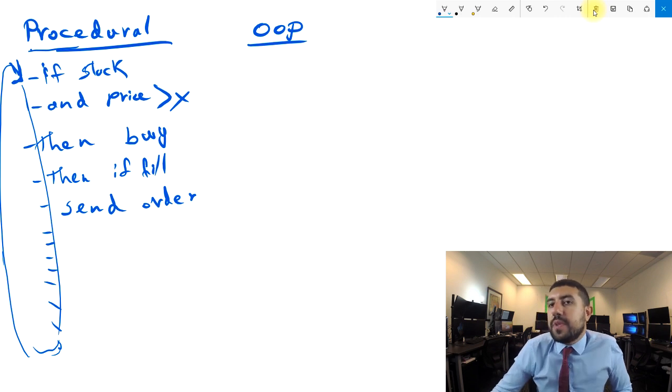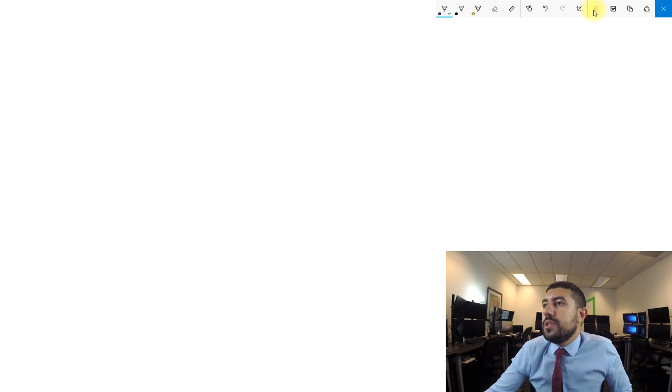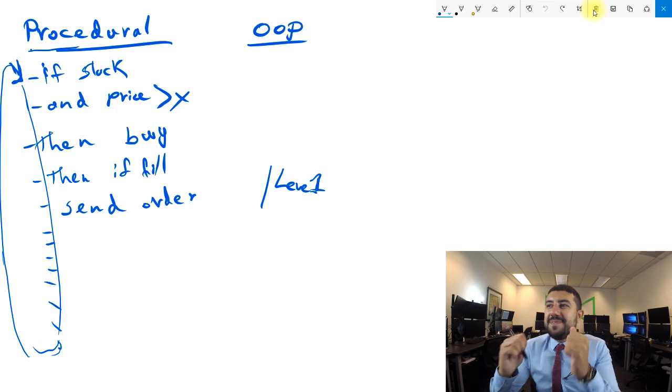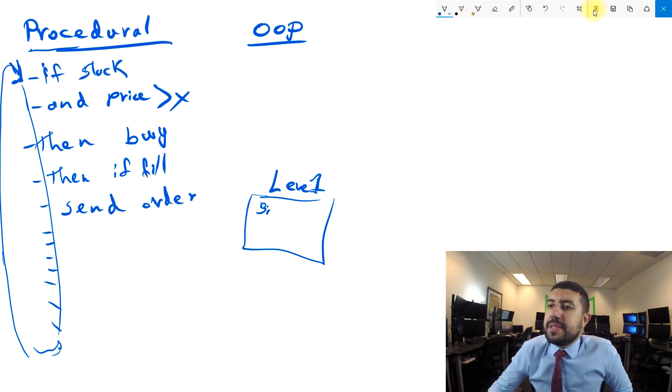Object-oriented programming is different. In object-oriented programming, you're going to create objects. And an object could be, let's say, a level 1, which is basically just going to be the bid. You can create an object that's going to be the level 1, and in that object you're going to have your bid price, your ask price, and whatever.